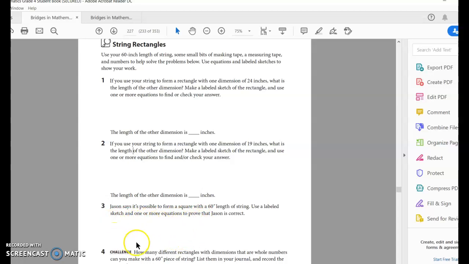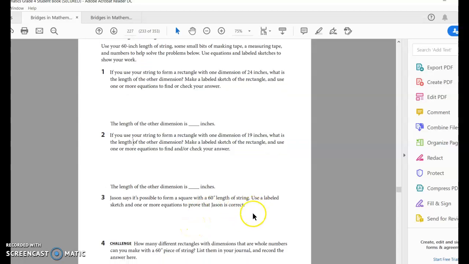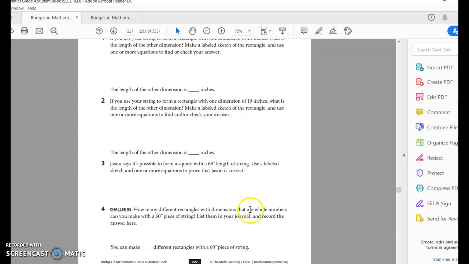So I need to see a sketch of a square, and you guys all know the properties of a square, and I need to see an equation that proves that Jason is correct, that you can form a square and have a perimeter of 60 inches. Make sure that's labeled.